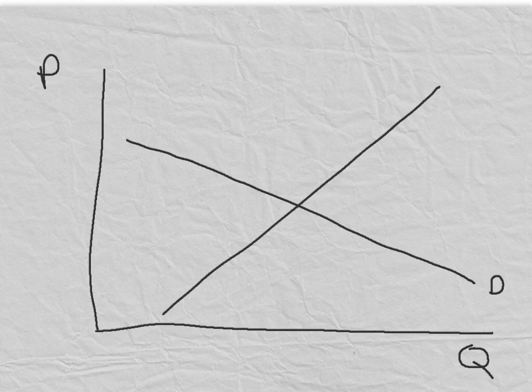So let's draw this diagram again from scratch. First of all, we draw the two axes, quantity on this axis and price on this axis. Then we draw a very shallow demand curve, a very elastic demand curve, and a normal looking supply curve. We then put a tax on the product, causing the supply curve to shift to the left.